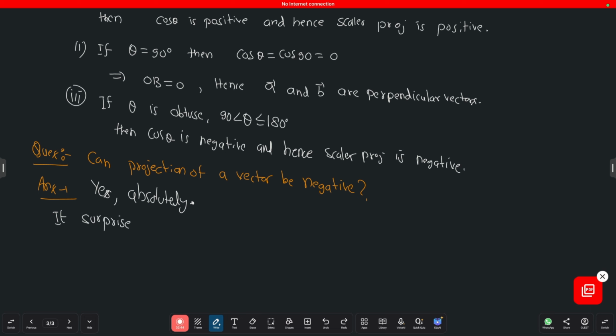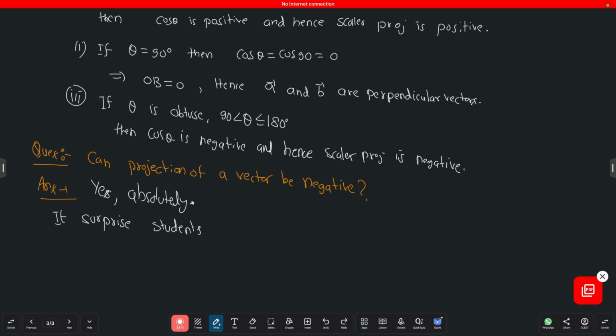Okay, students, it surprises students that projection means vector length, so how can it be negative? Then you write your answer. When you read this statement, you will recall the class. A negative scalar projection simply means that the direction of the projection vector is just opposite.